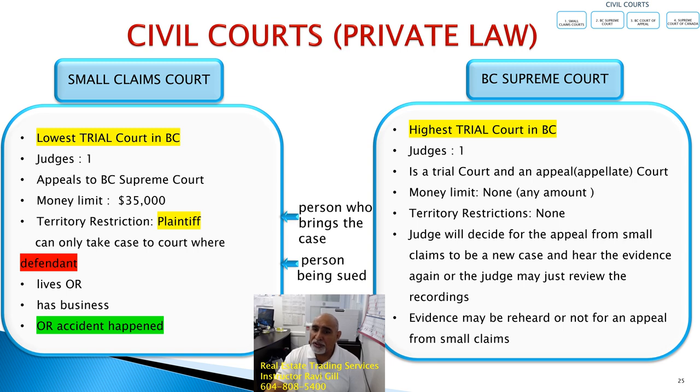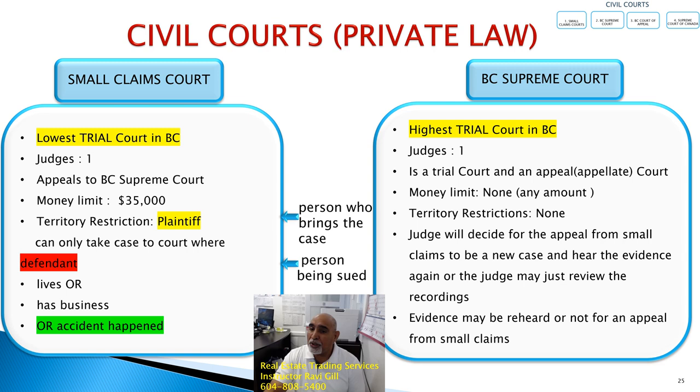Let's take a look at BC Supreme Court. One judge. This is called the highest trial court. Well, is there a higher court? Yes, there is in BC. It is called the BC Court of Appeal, but it's not a trial court. This is only an appeal court. But one thing very interesting, and for your exam, the BC Supreme Court is a trial court and also an appeal court.